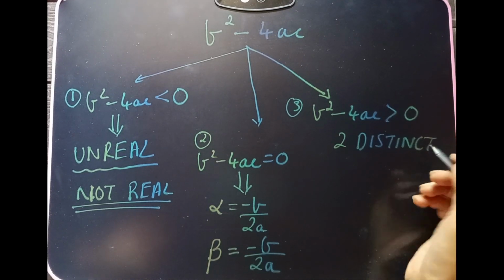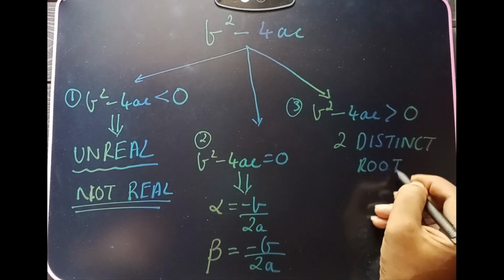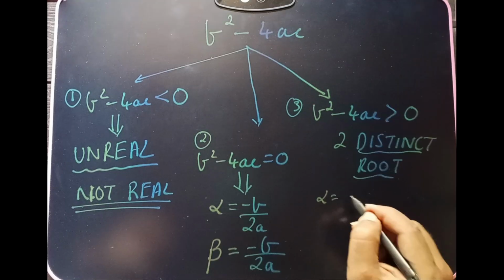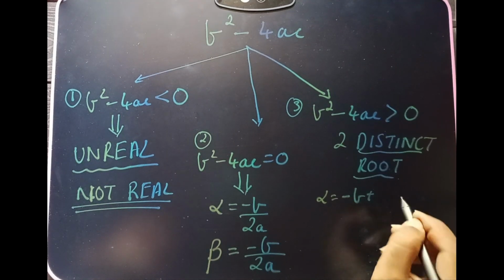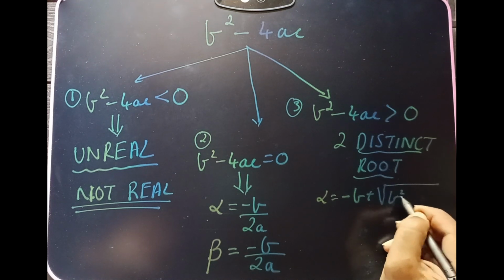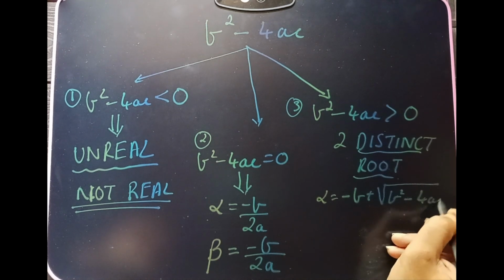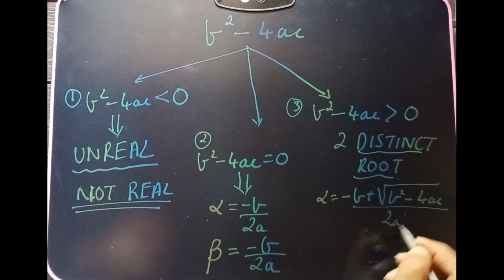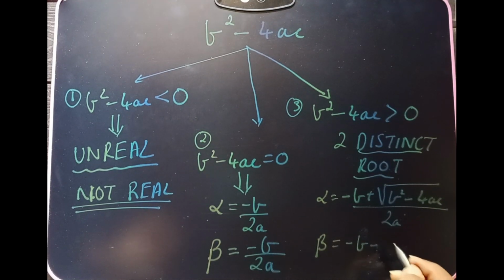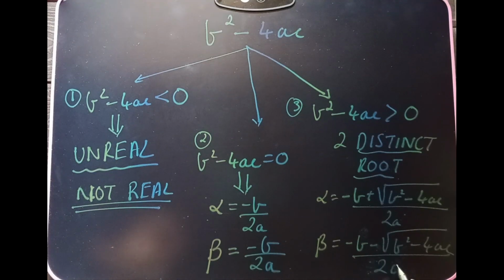They can be found by alpha is equal to minus b plus square root of b square minus 4ac divided by 2a, and the other root beta you will find by minus b minus square root of b square minus 4ac divided by 2a.